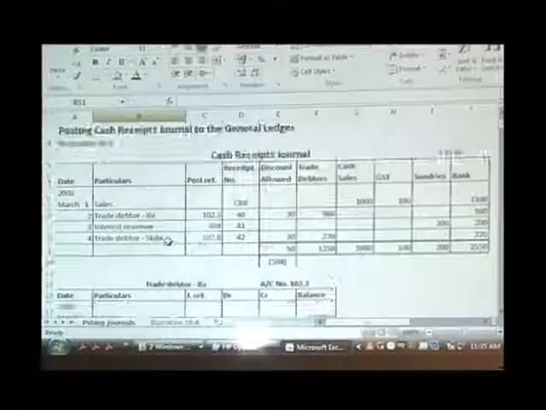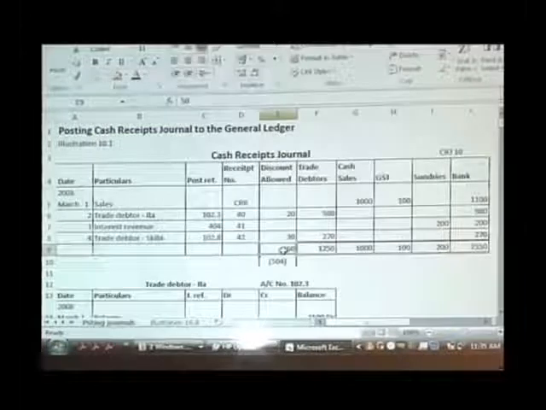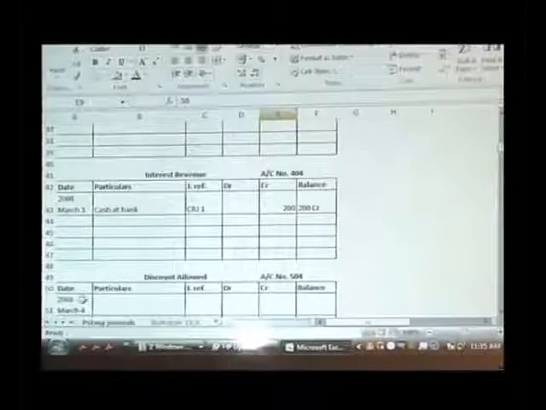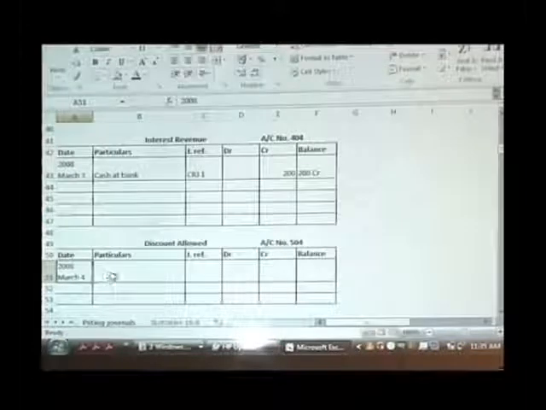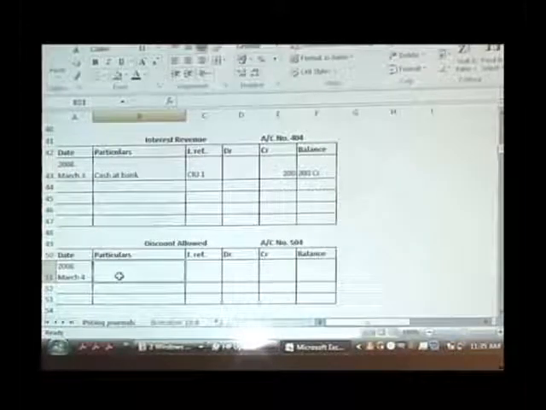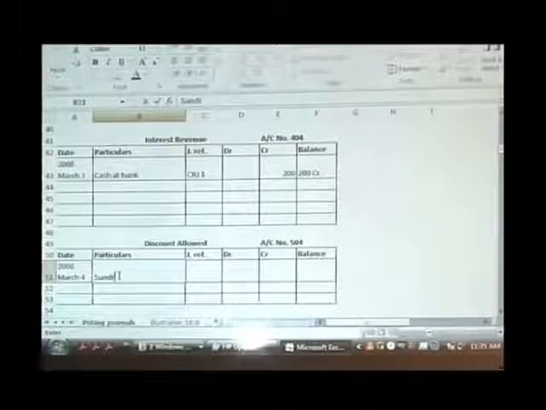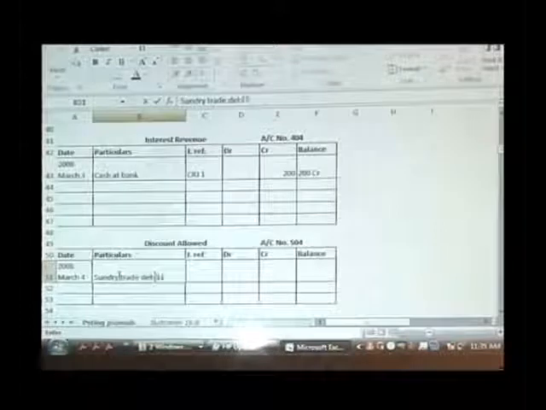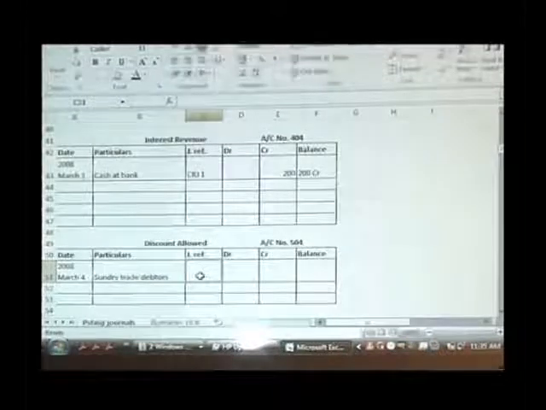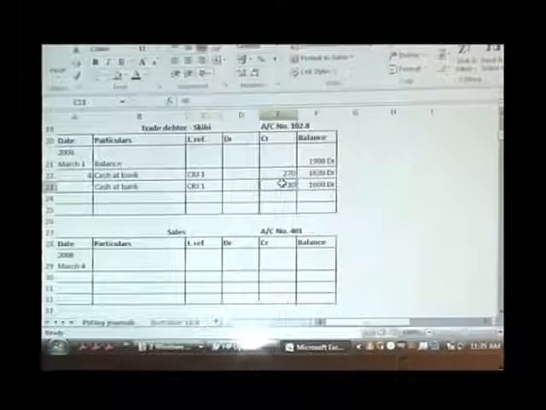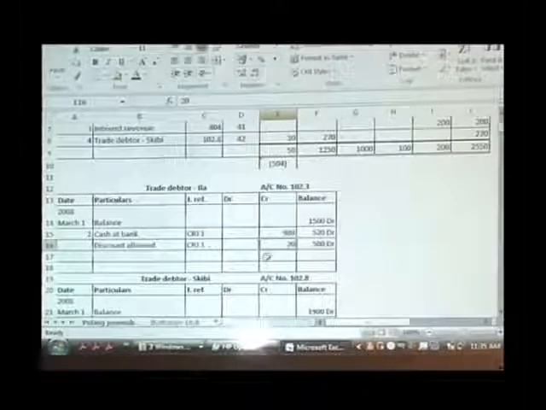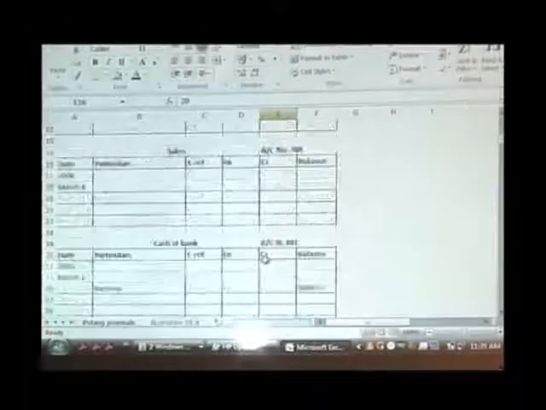And when you are posting the totals, you have to put the date here, that is March 4th, that is the balancing day. In the discount allowed column, you write sundry trade debtors. This is not only one account, this is from, say, 2 accounts. 30 here, 20 here, and if there are some more items, so this is the total.